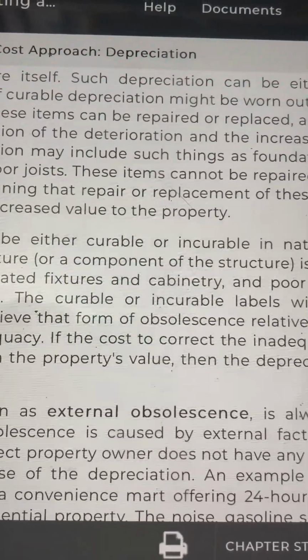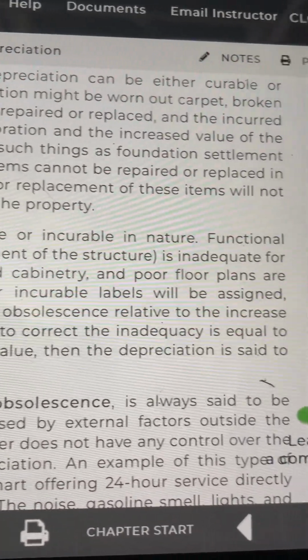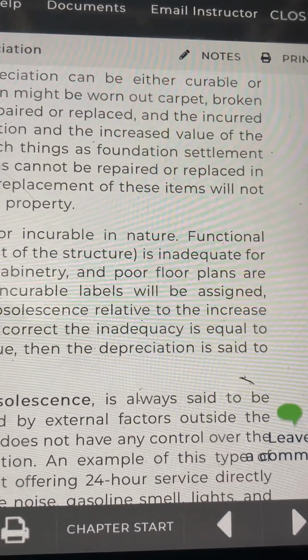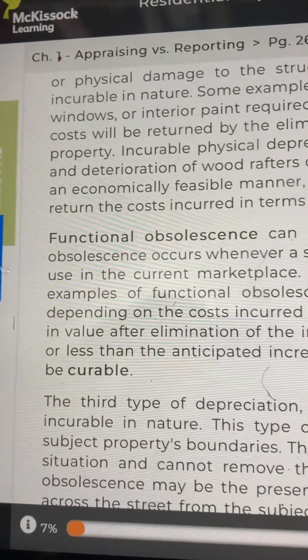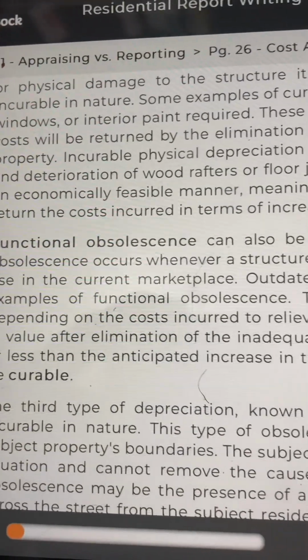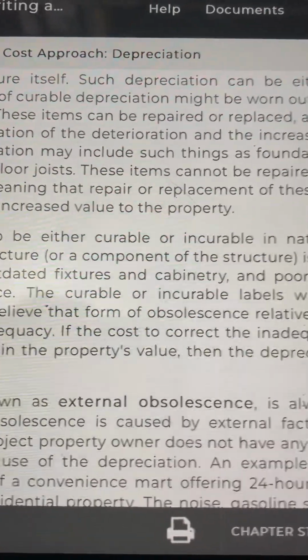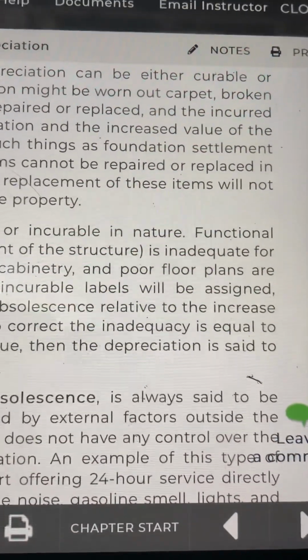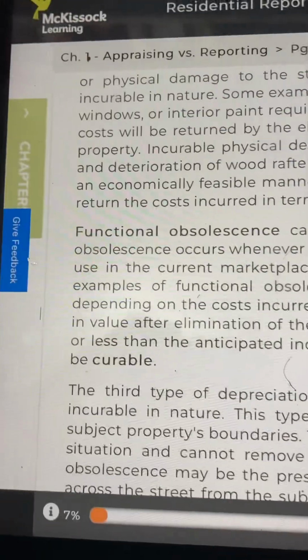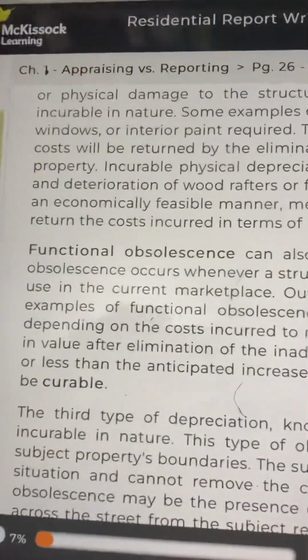These items can be repaired or replaced, and the incurred costs will be returned by the elimination of the deterioration and the increased value of the property.